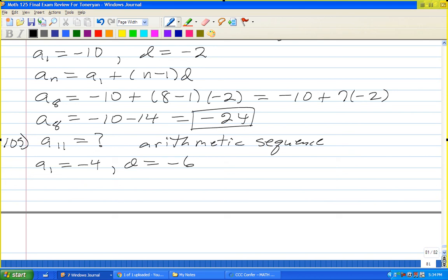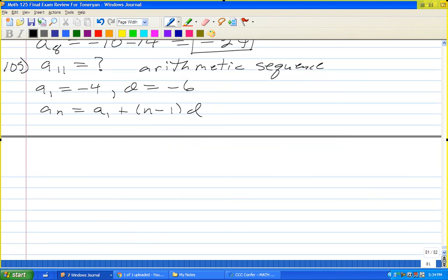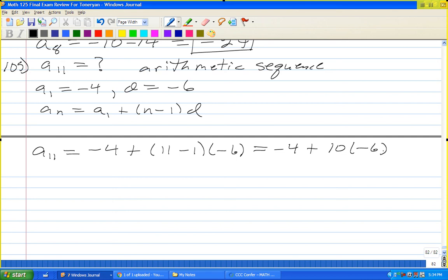So again, the general term is just a1 plus n minus 1 d. And so the 11th term is just a sub 1 plus n minus 1 d. So negative 4 plus 10 times negative 6. Negative 4 minus 60 is negative 64. Let me do 106.